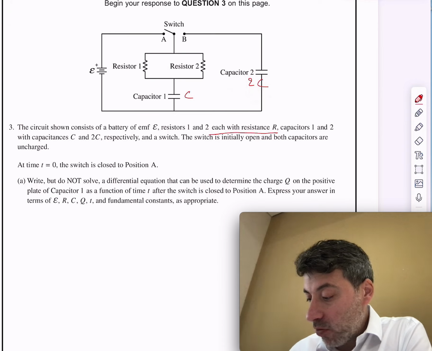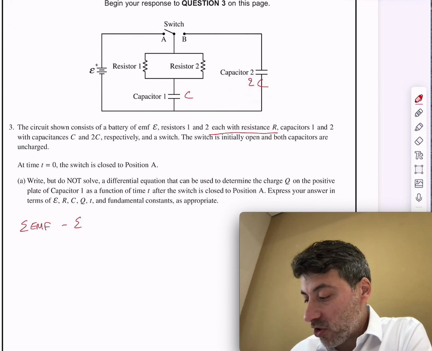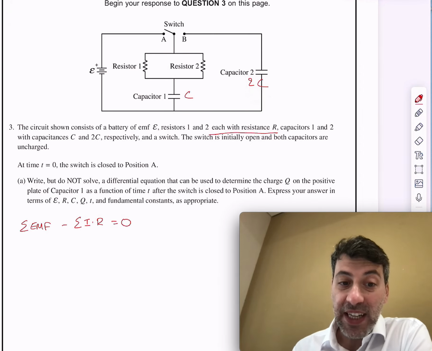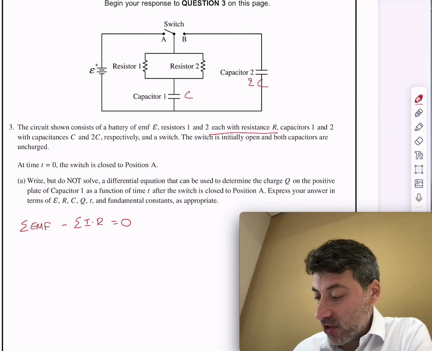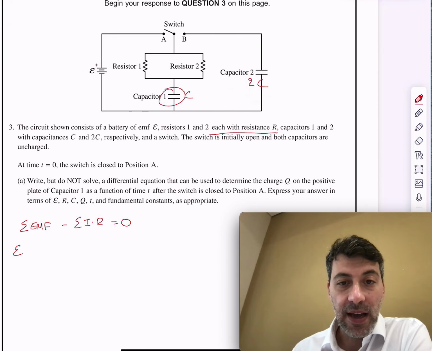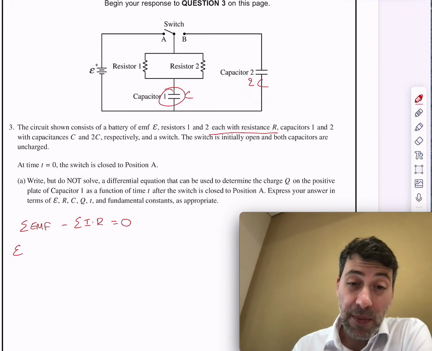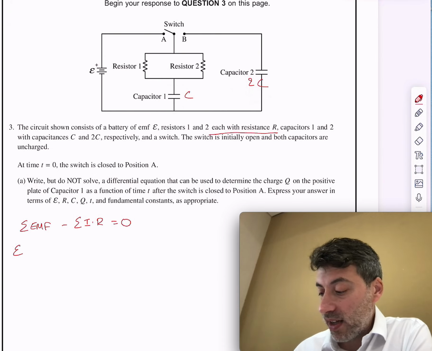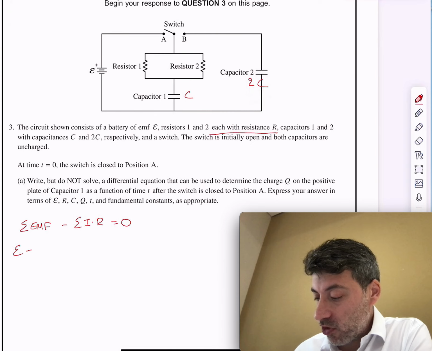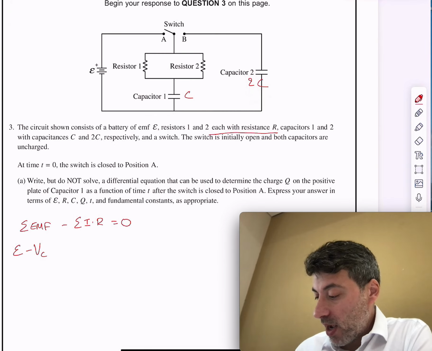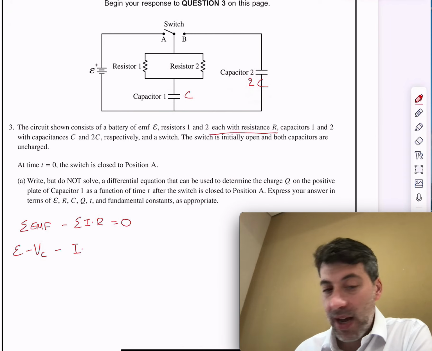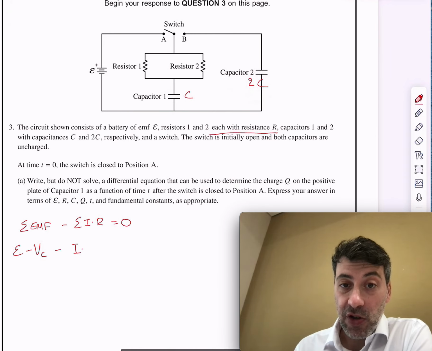So we're applying the loop law, or Kirchhoff's second law, which states that the summation of the EMF minus the summation of current multiplied by the resistance is equal to 0. The summation of EMF means the EMF from the battery and the voltage of capacitor 1, which opposes the polarity of the battery, so minus the voltage of the capacitor, minus current multiplied by the combination of resistors 1 and 2.